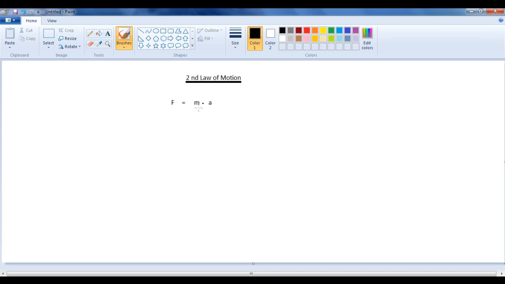Now what I do, I just move the mass to the left hand side. Then the formula becomes force divided by mass is equal to acceleration. Or I can say that acceleration is equal to force divided by mass.